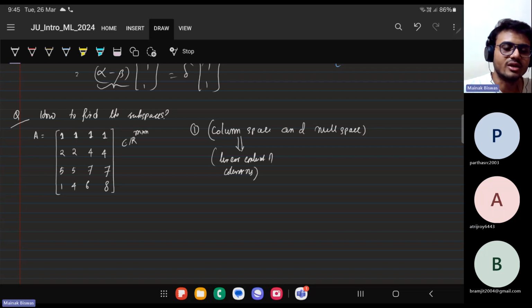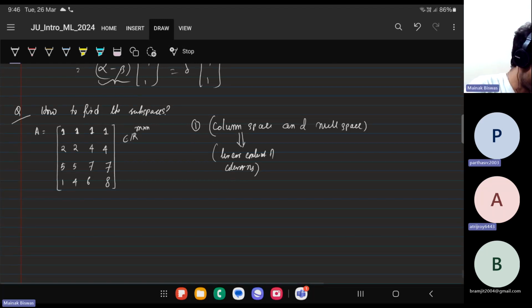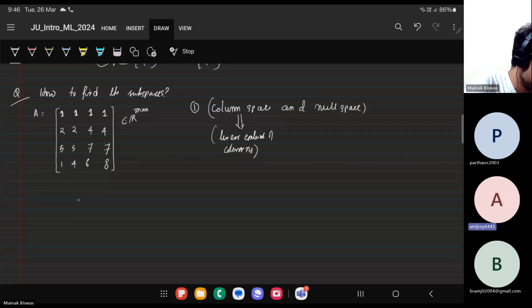As in this case, I can already see a few columns that are dependent. We can see them to be dependent. We'll see how. But how do you think we can find out if they're dependent or not? Yeah, we can use the definition of linear dependence and independence.